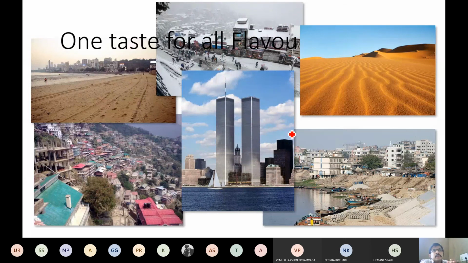These buildings are mostly designed in such a way that they can be placed almost anywhere and they would function. So you have the same taste for all flavors. And that is what architecture has mostly been coming to for quite some time now.